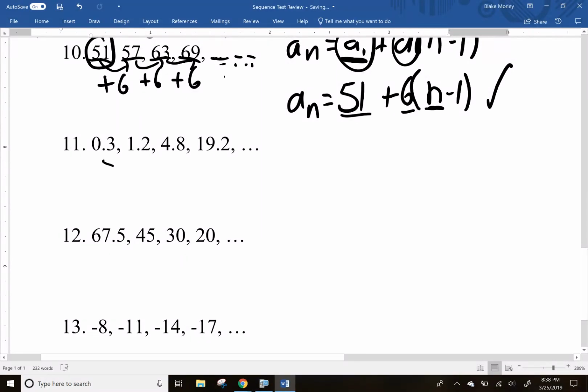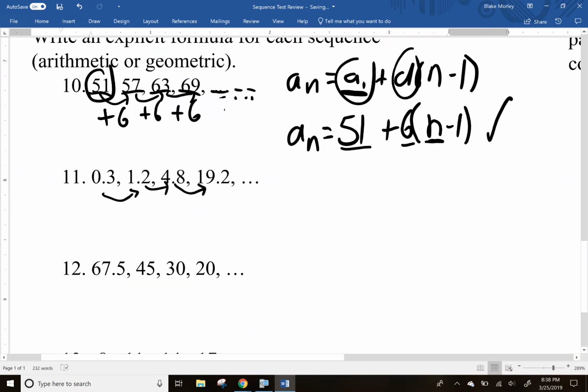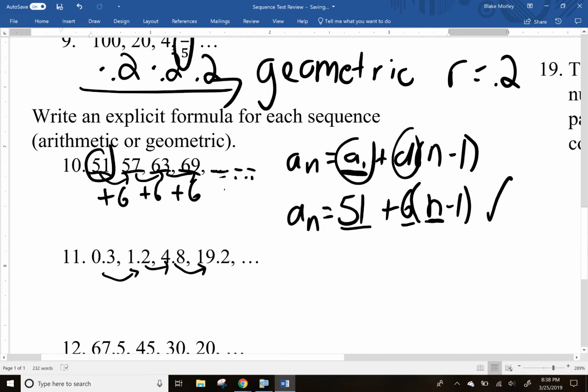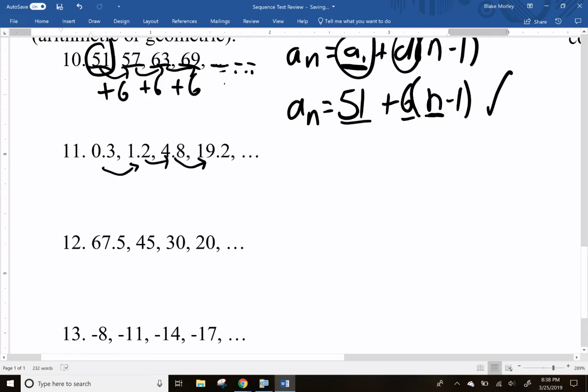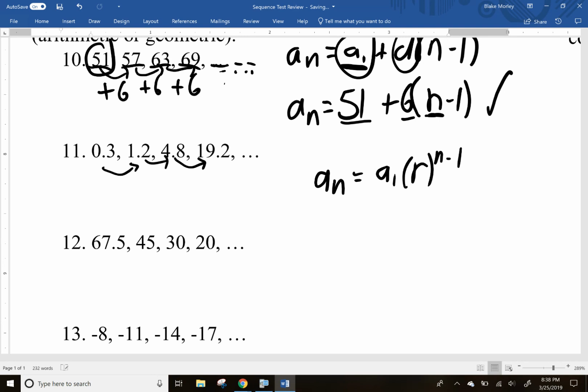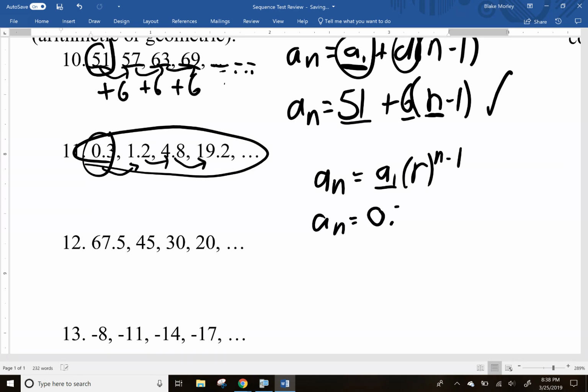Number 11. Again, you need to first identify if it's arithmetic or geometric, and you can do that the same way that we did up here, which is subtract backwards or divide backwards and see which one works out. I'm going to go ahead and tell you that this is geometric. An equals a1 r to the n minus 1 power. So this is the geometric formula we wrote down a second ago. From this sequence, I identify the first term, which is 0.3. So a1 equals 0.3, and I use that right there for my first term.